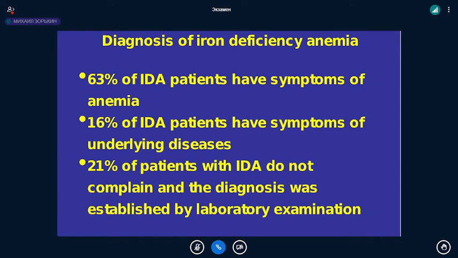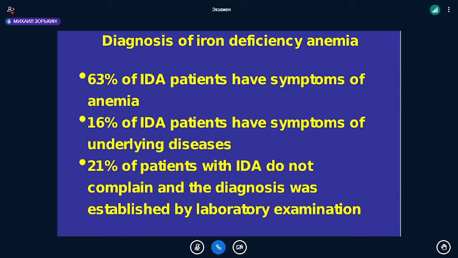The diagnosis. Of course, when we detect some symptoms, our task will be much easier. But usually, anemia is a subclinical condition. Some patients can have symptoms only of the underlying or concomitant diseases.